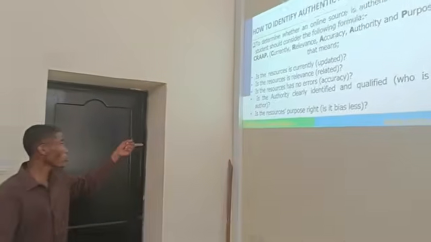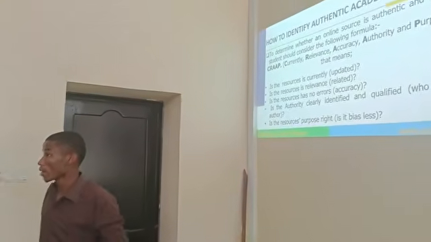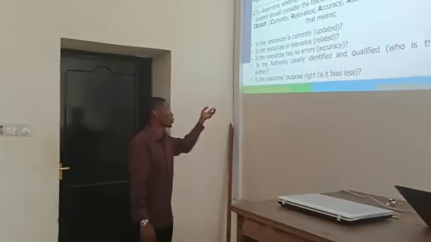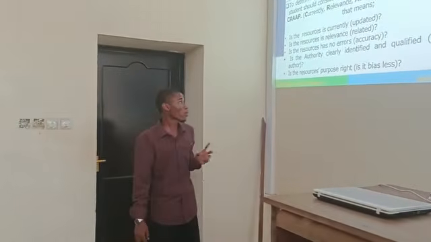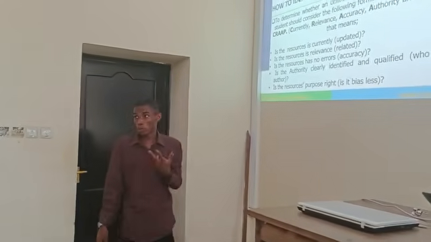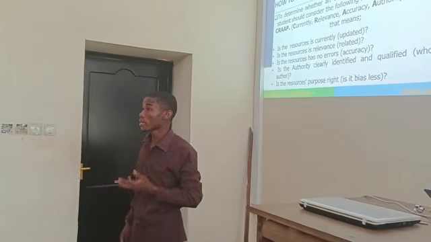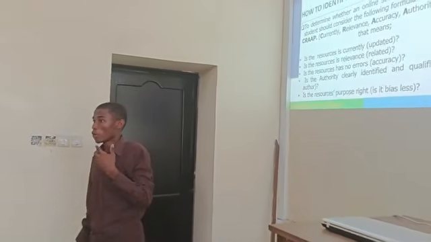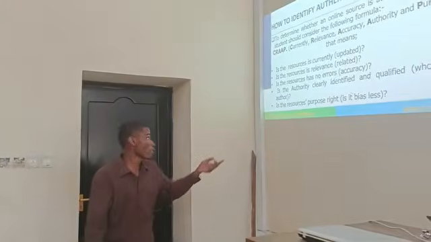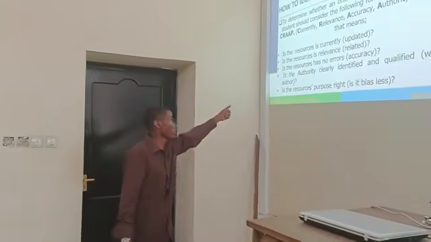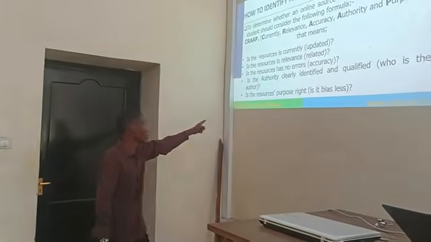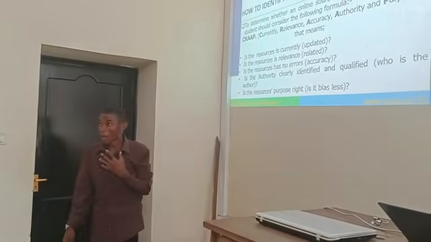This means that the resource we are going to research has no error. And also we are going to discuss the authority, I mean the author of the research. Who is the author? If there is no author, the research could be wrong, because the author is the most important, because we need citation. Who is the author of these books? And also, we are going to discuss the source or purpose. Is it biased or not?